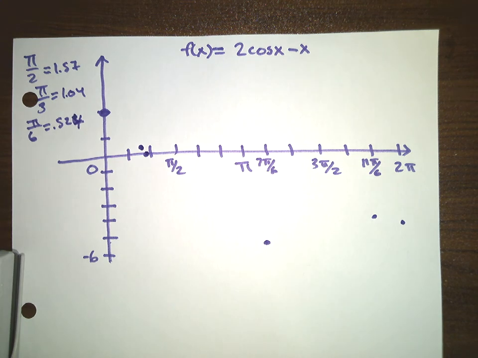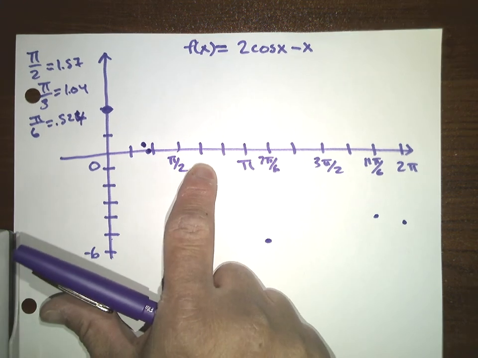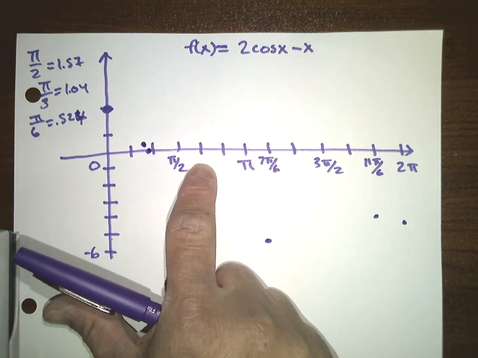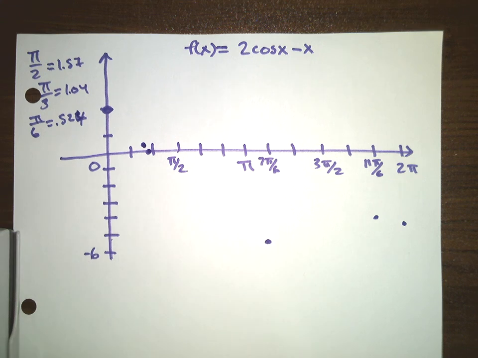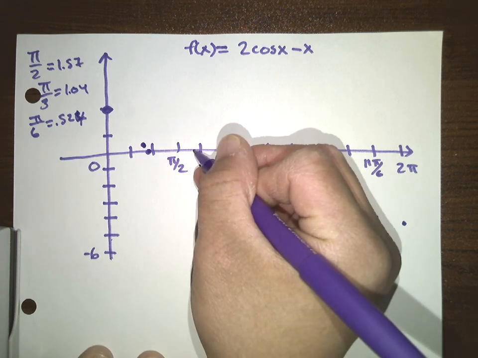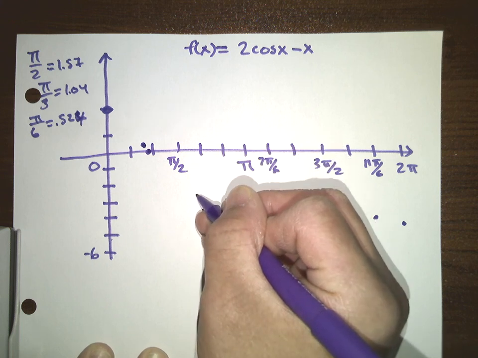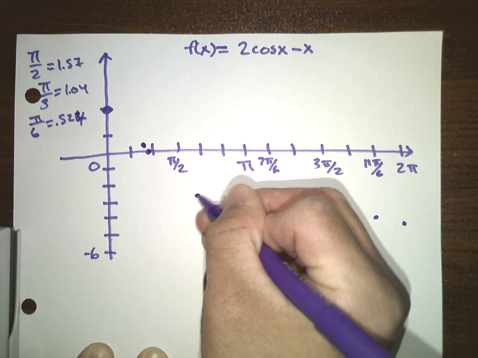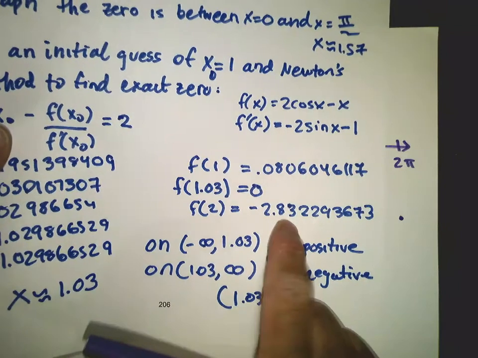And then we had f of 2. This is why I said that you might not want to graph these by pies, just because this might get a little bit extreme for us, but that's okay. So about 2, negative 2.83. So that's about right here.